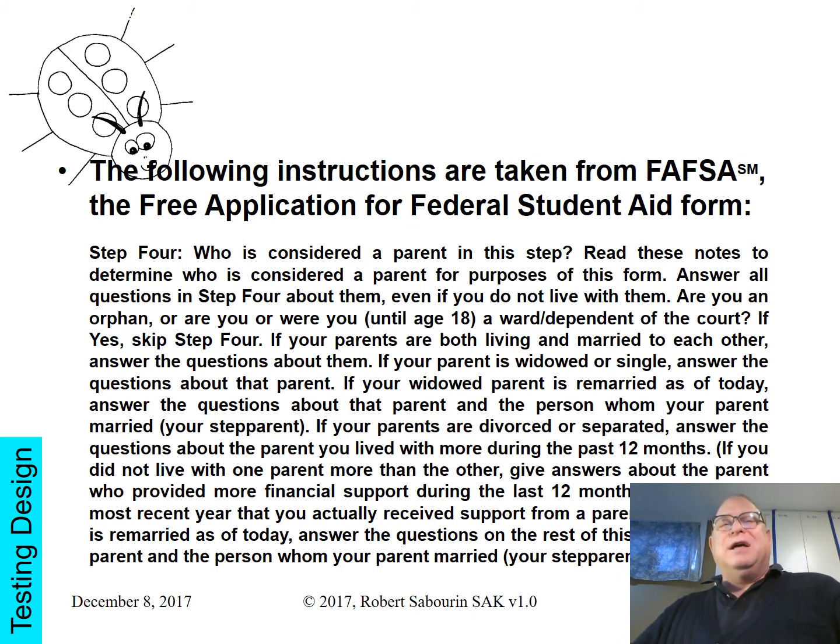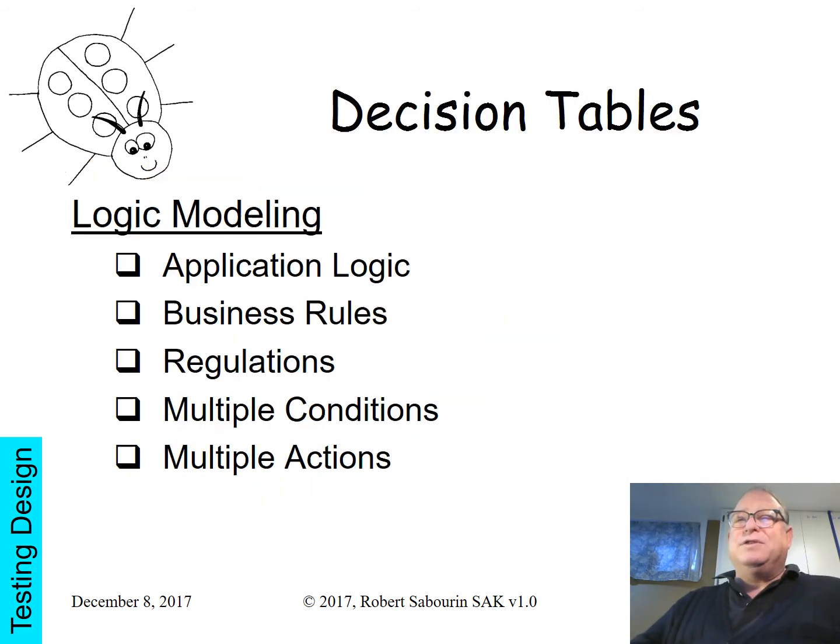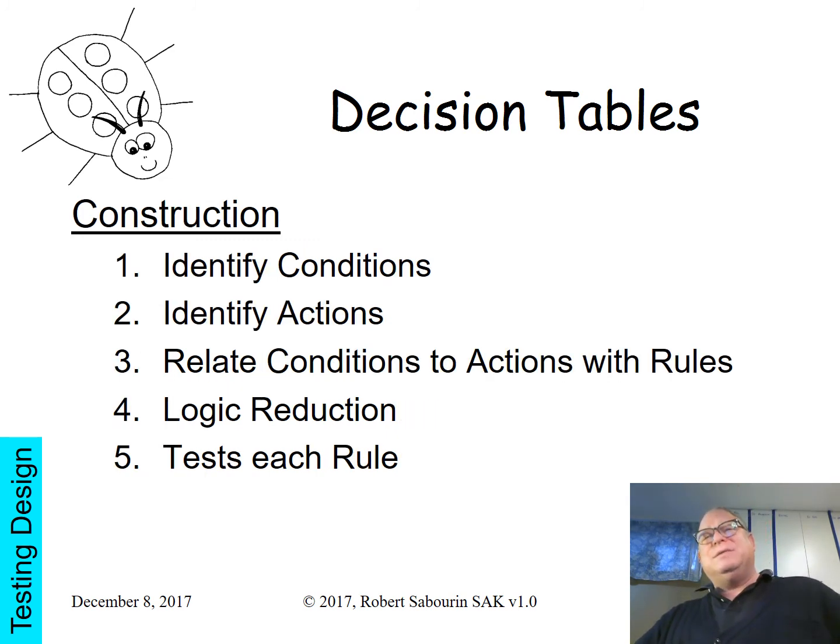If your parent is widowed or single, answer the questions about that parent. If your widowed parent is remarried as of today, answer the question, dot, dot, dot. All of this gobbledygook. If you have systems and requirements that sound like that, maybe it's worthwhile to use a decision table. They're handy for application logic, business rules, regulations, any system that has multiple conditions and multiple actions.